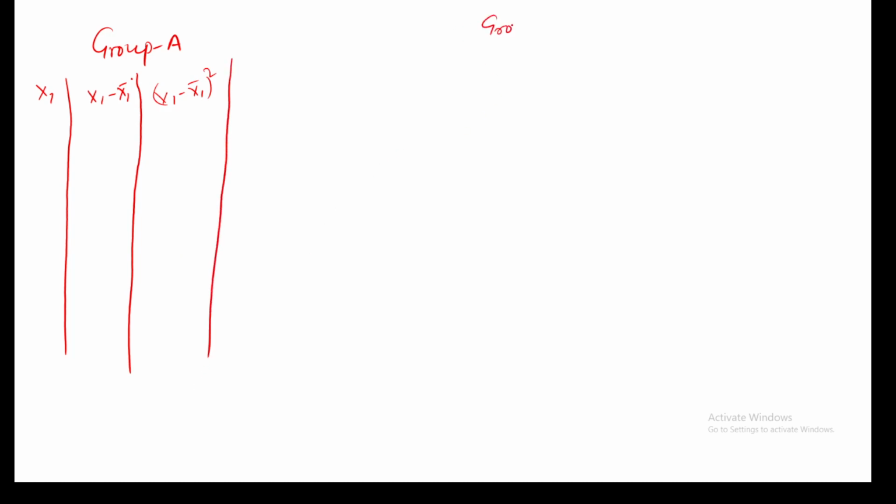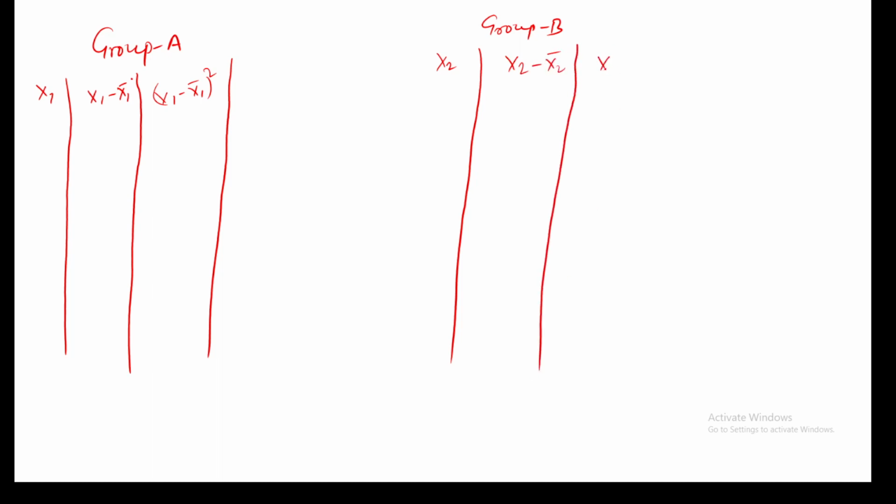Then we have group B, with x2, x2 minus x2 bar, then x2 minus x2 bar whole square.